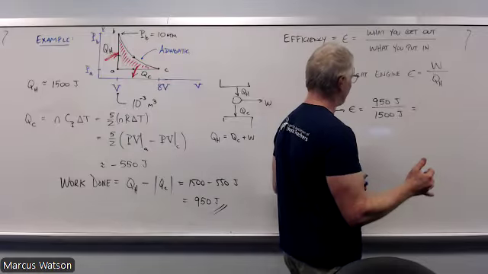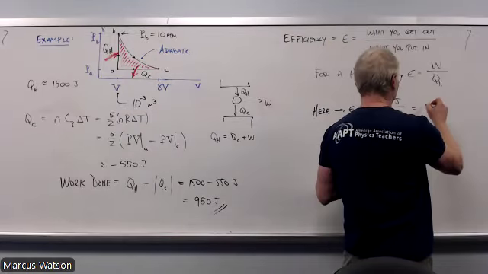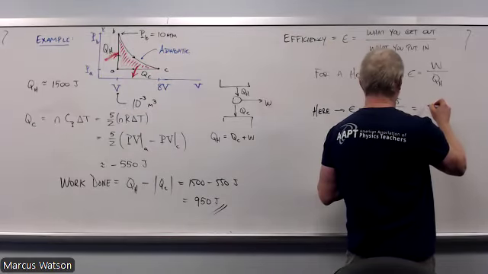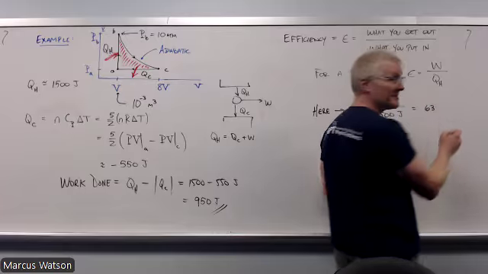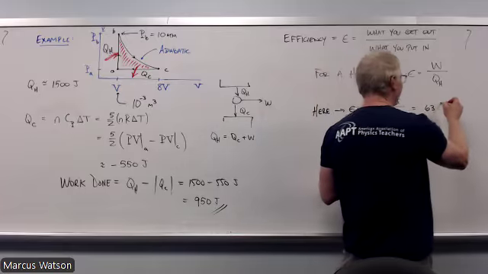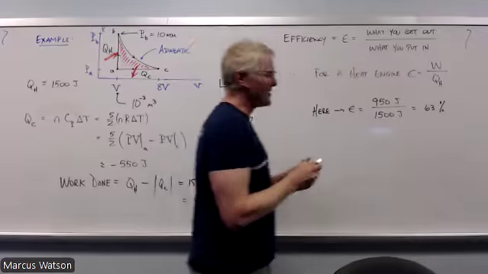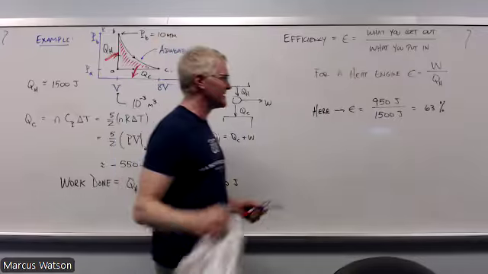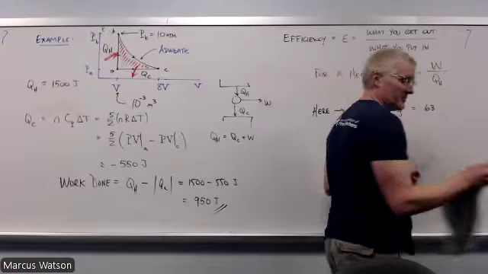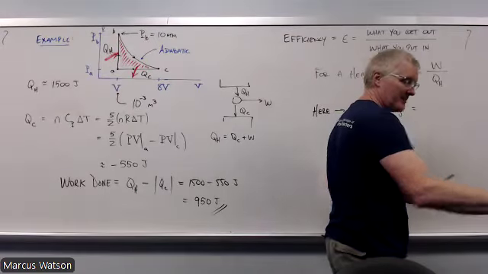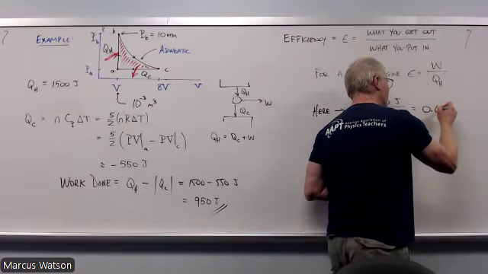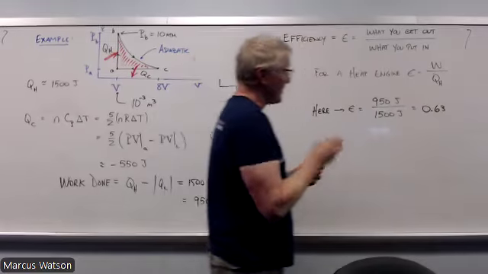It's going to be a little bit better than 60%. It's 63. Oh, is it 63? Perfect, 63. About 60, it's 0.63, which is going to come out at 63%.